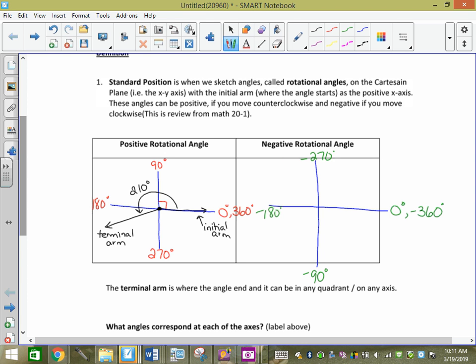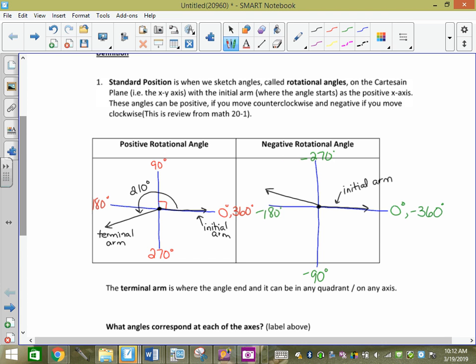So now if I did negative 210, my initial arm is still on the positive x-axis, so I'm always going to start. So this is my initial. But I'm wanting to go to negative 210. So now I'm going to be between negative 180 and negative 270 in this quadrant up here, and 30 more than negative 180.